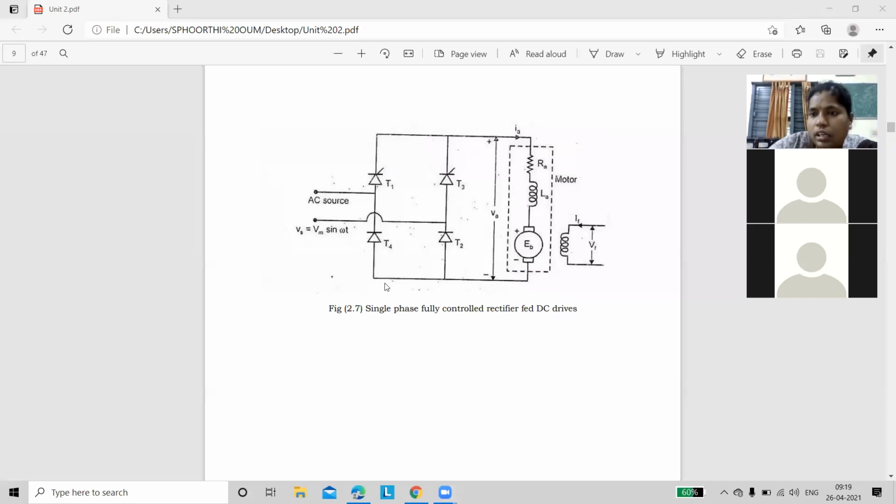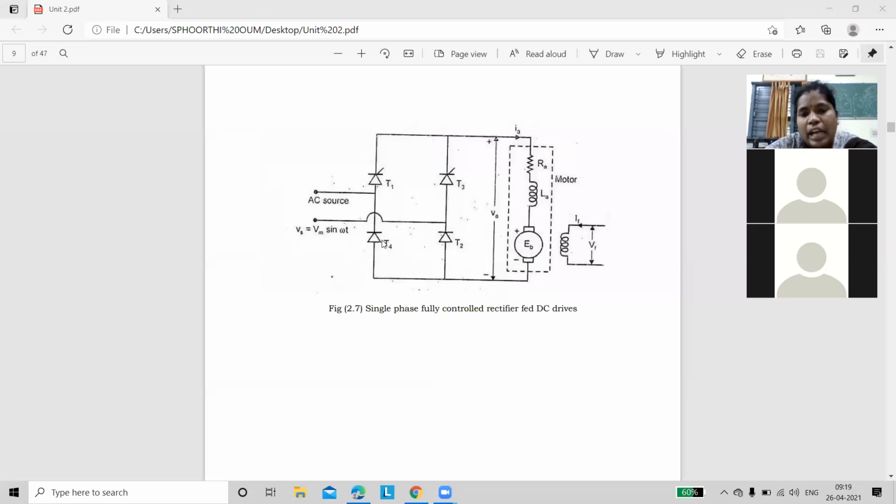Similarly, we have to explain the current flowing path for the negative half cycle also. During the negative half cycle, how many thyristors are in conduction mode? 2, madam. These 2 thyristors are T3 and T4.